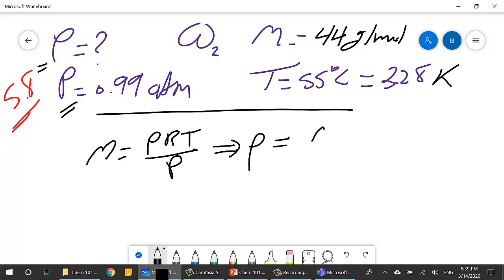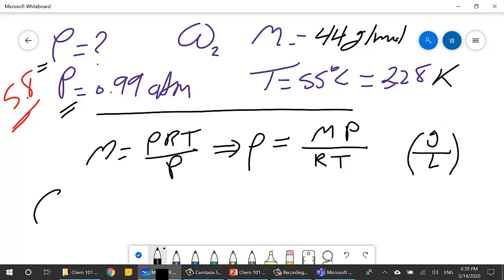So it's MP, molar mass times the pressure over RT. Now make sure that your pressure is in atmosphere, your molar mass in gram per mole, R is in the usual units, and temperature is in Kelvin. From this you can get the density in units of gram per liter. It's not gram per milliliter, it's gram per liter.